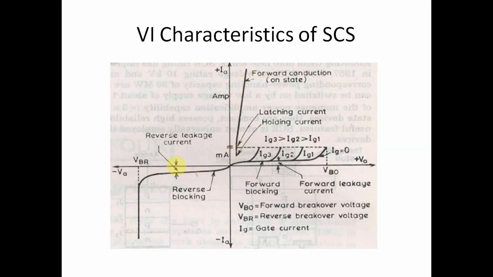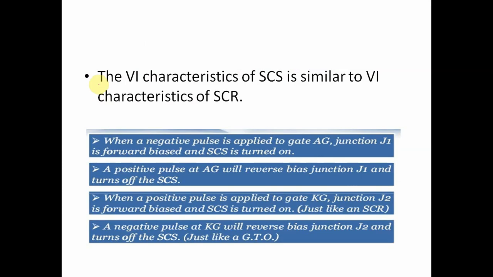This is the reverse breakdown voltage: in reverse bias, as the reverse voltage increases, the reverse current increases by a small amount. When it reaches the reverse breakdown voltage, the current changes rapidly. The VI characteristics of SCS are similar to those of SCR.